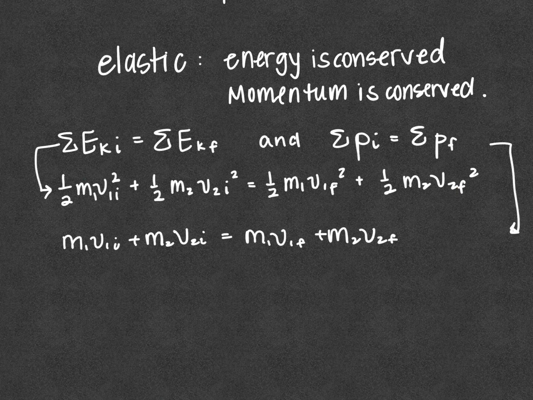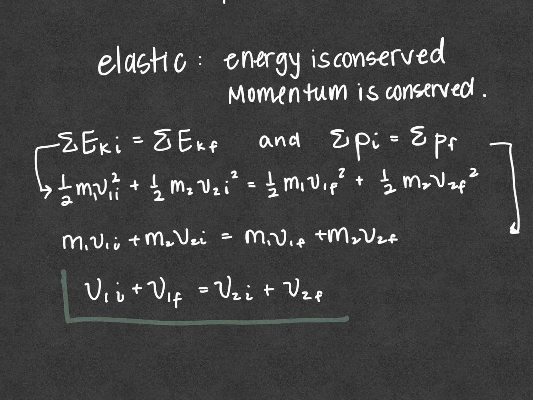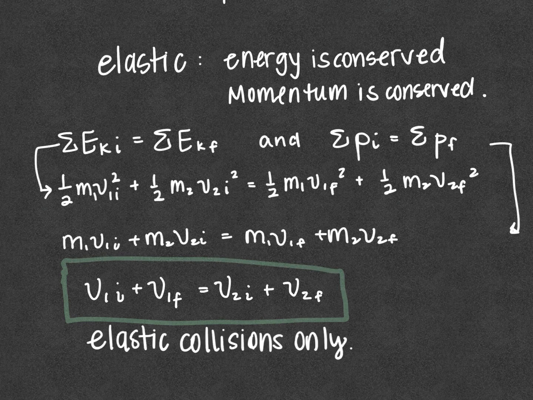So if we mathematically reduce these two equations, we can get a third equation, a special equation to use, and it looks like this: v1 initial plus v1 final is equal to v2 initial plus v2 final. This is a very special equation that only works for elastic collisions. So this is for elastic collisions only.